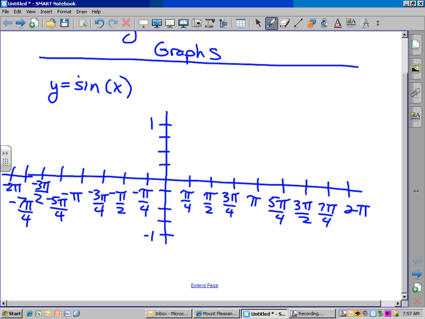So where does the sine start? Again, it's 0. So we start at 0, and then we're going to go to about 0.7, and then 1, and then 0.7, 0, and so forth. Negative 0.7, negative 1, negative 0.7, 0.